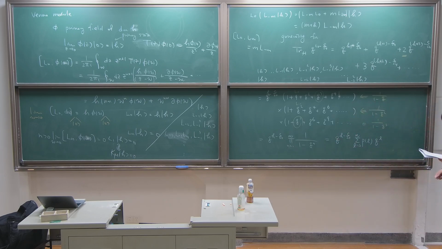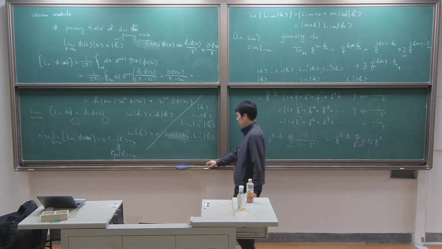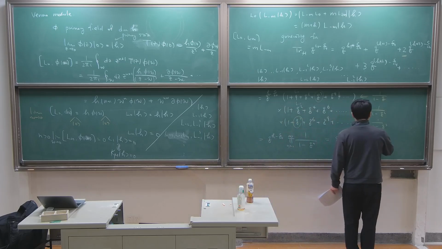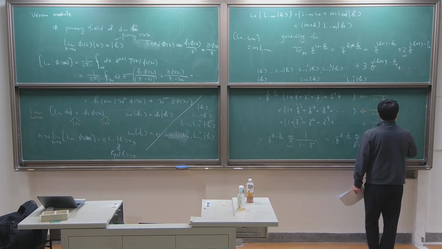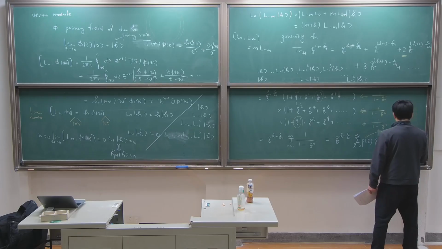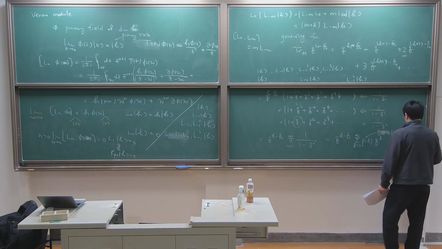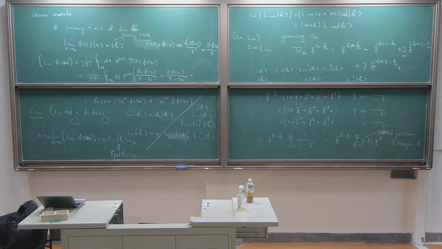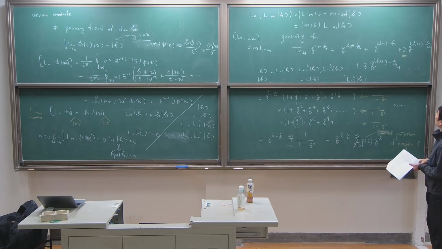P(L) is the number of partitions of the positive integer L. Let's look at 2. 1 is equal to 1. 2 is equal to 1 plus 1, or 2.